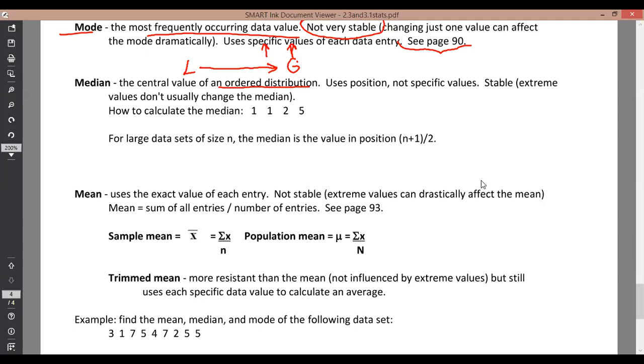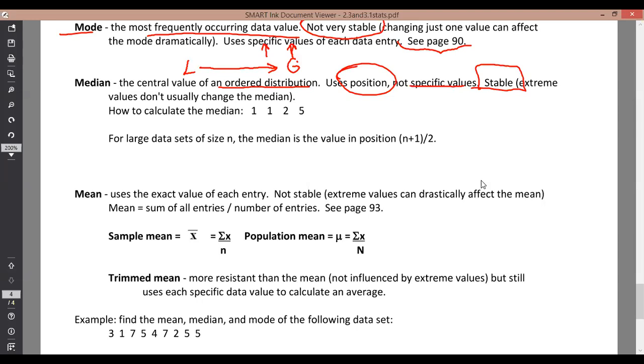The median, excuse me, does not use specific values. It uses the position of the data, which makes it extremely stable. If you change the numbers themselves, it usually doesn't change where the middle value is or what it is. Like if you have extremely larger or smaller values.